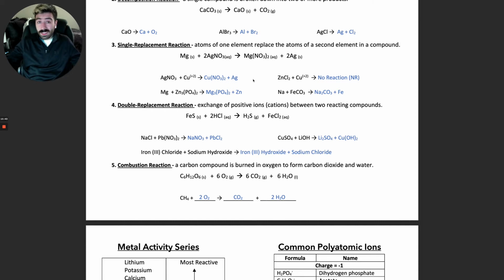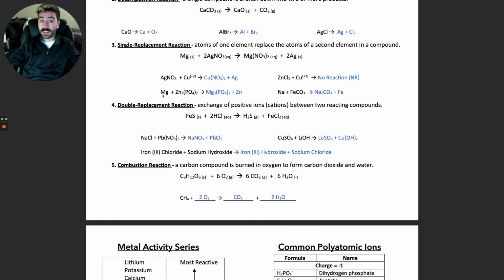Nitrate is just listening to the reactivity, the activity series, and it says, silver, I'm sorry. Copper is more reactive. You got to go. And so copper replaces silver, and you end up with copper nitrate, and silver is now by itself. It's a cheesy example, but that's kind of how it works. It's going to go with the more reactive metal.